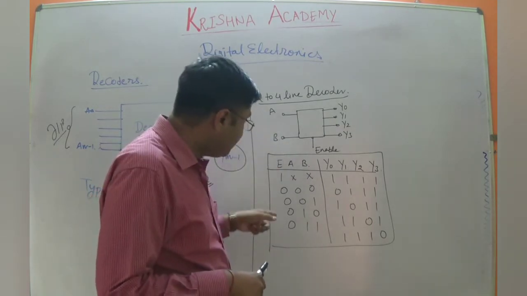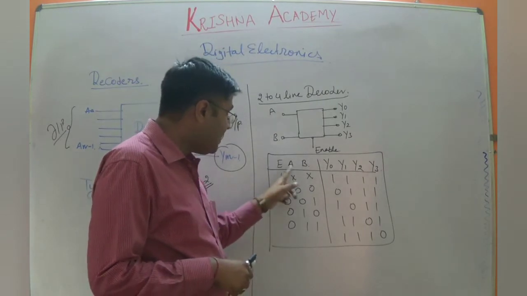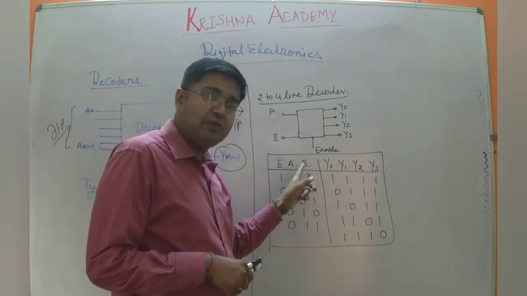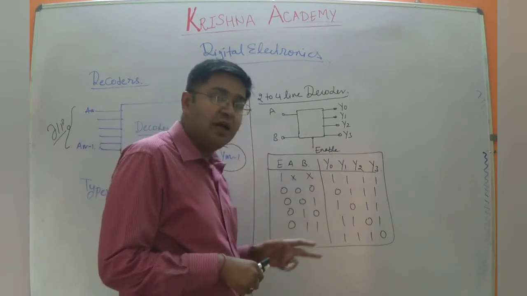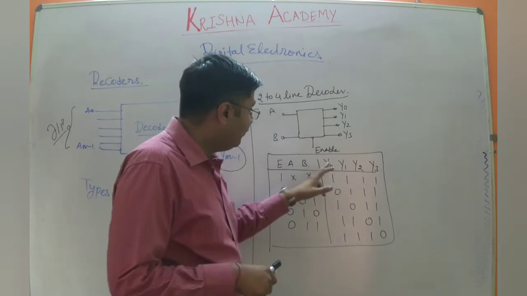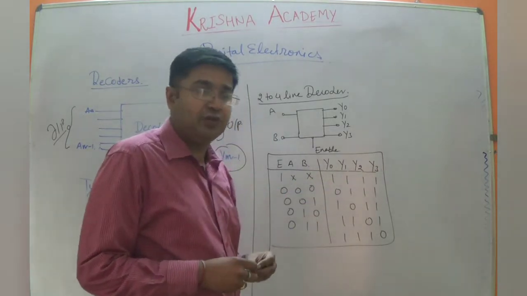As you can see in this table, E, A, B are the 3 inputs available to us. E is enable, and A and B are the inputs. Y0, Y1, Y2 and Y3 are the output lines available to us.